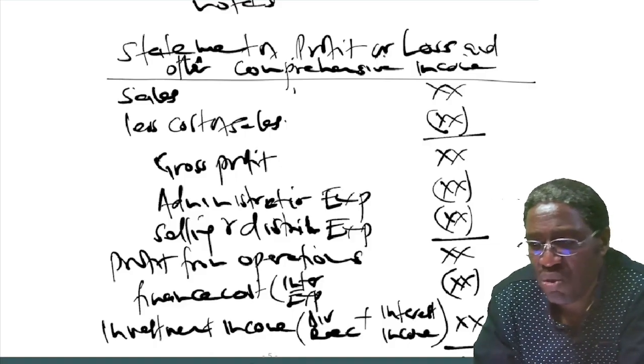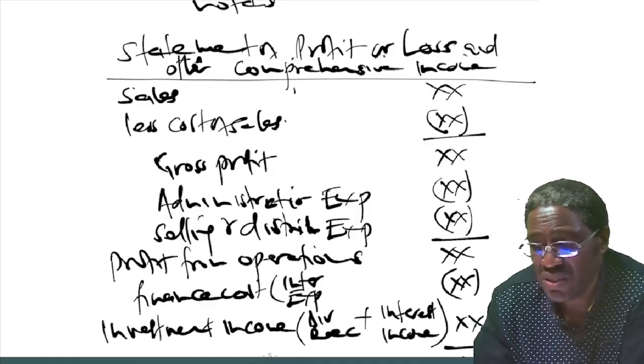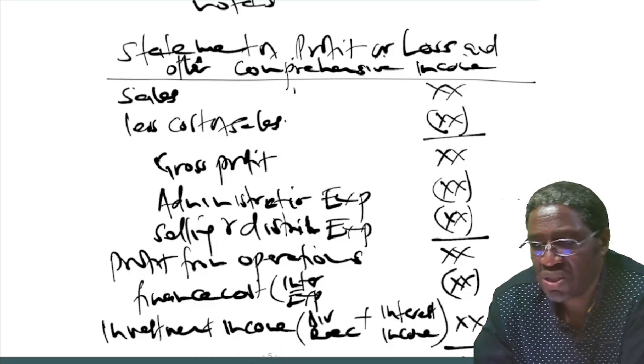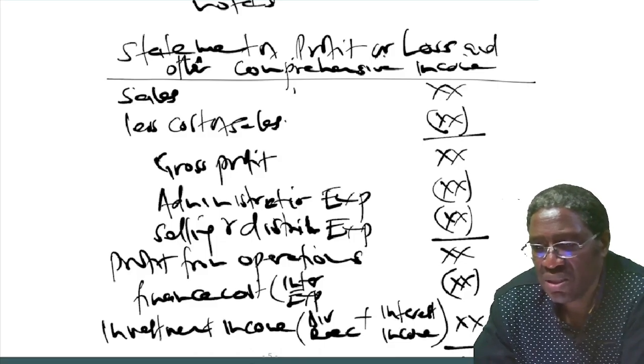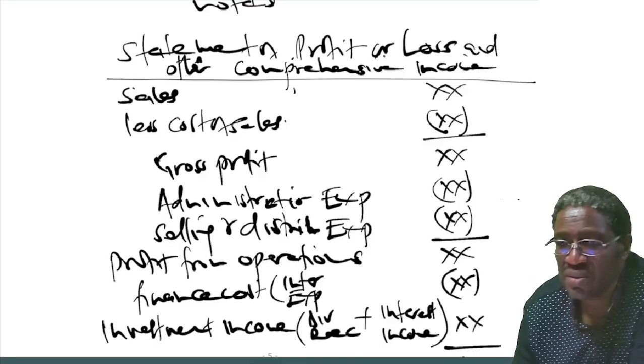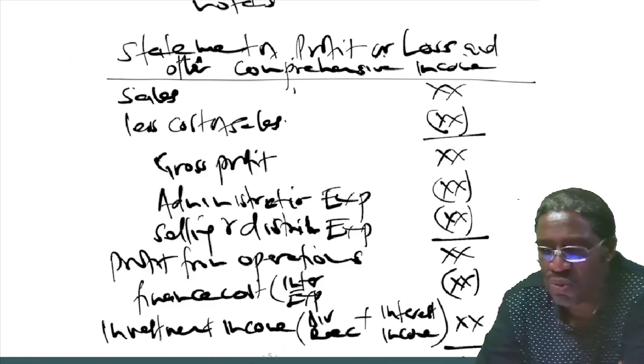Then we can now copy the format where you start with the sales. Then you come to cost of sales. You less cost of sales, get the gross profit.